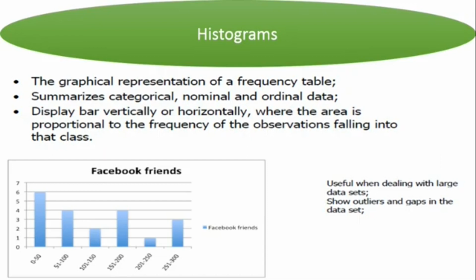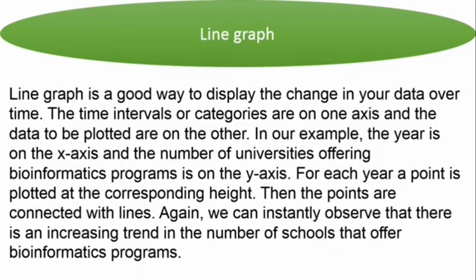social network, Facebook. So another type of graph is the line graph. The line graph is a good way to display the change in your data over time. So you can display the changes in the data over time using a line graph.